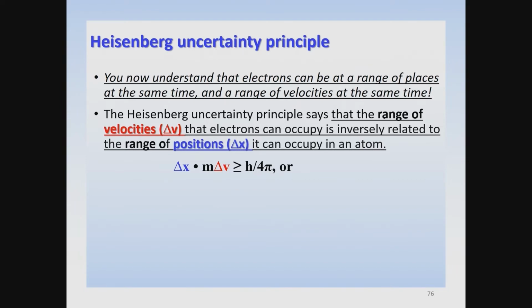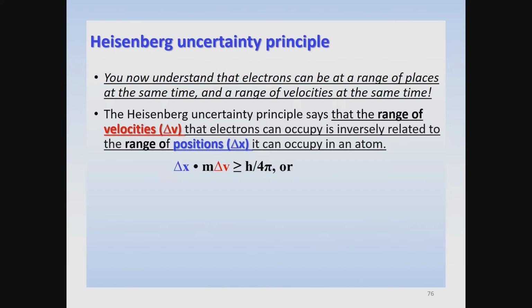If you were to do that, in order for that number to remain a constant, you would have to correspondingly decrease the range of velocities. So as the range of possible positions an electron or other small object can occupy increases, the range of velocities that electron must occupy decreases. So they're inversely related to one another.